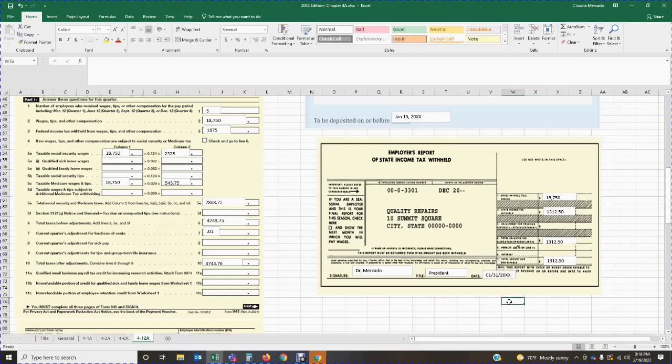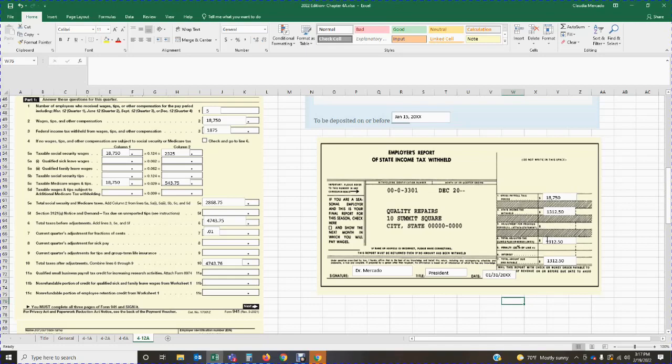There we go. We've got the date, the title, and the signature of the student or the person preparing the form. The only line items that we fill out are the gross payroll for the period and the state income tax. We didn't have any other adjustments.